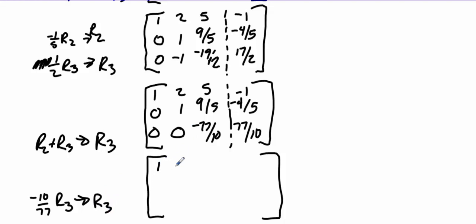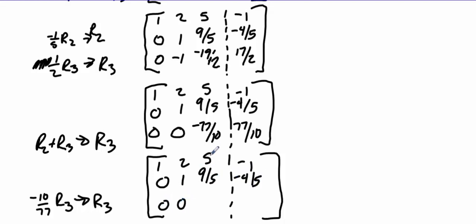I'm going to copy the first two rows down, like so. Do my multiplication. This fortunately goes to a 1. This becomes a negative 1. And then we go back and substitute.